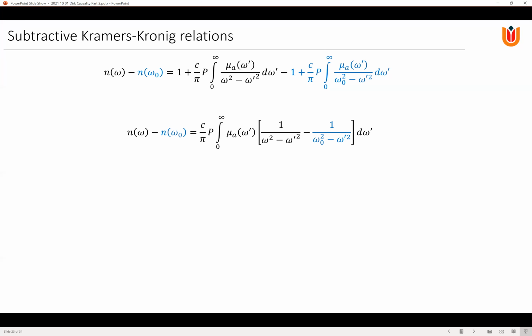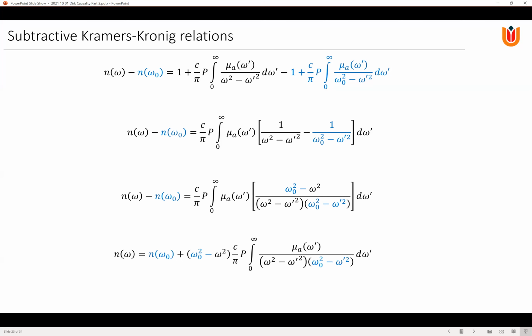You could combine it into a single integral, which has mu a as a function of the dummy variable prime. Of course, that stays the same. And then these two weight terms are now within the squared brackets. You can expand this equation by cross multiplying, like this, still with an omega 0 in blue and the other term in black.